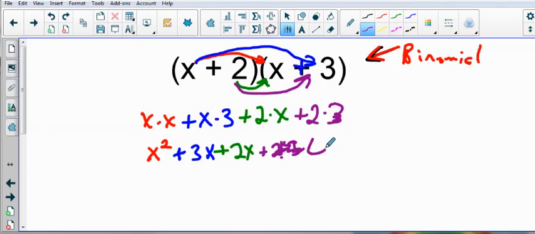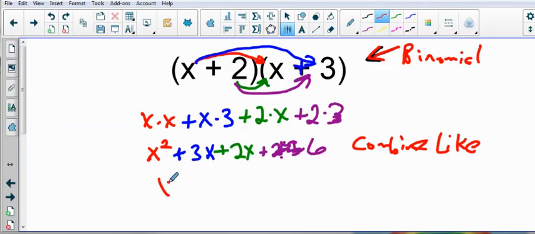Okay, plus 6. All right, now at this point, we go ahead and combine like terms. Nothing to combine with the x squared, but 3x plus 2x is 5x.